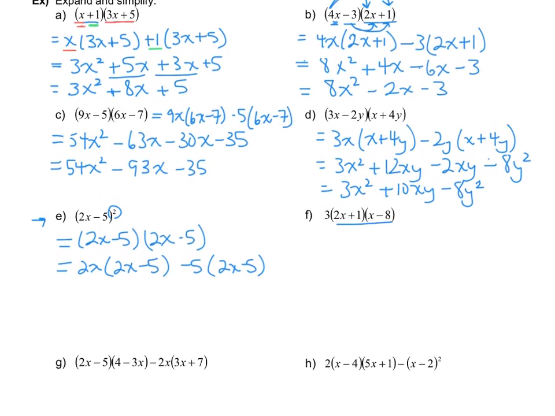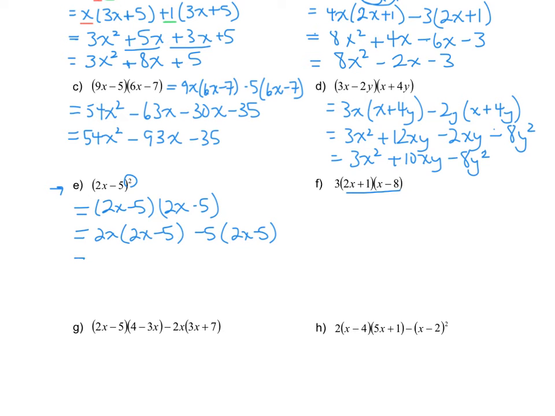Both players from team 1 have to multiply all the players on team 2. 4x squared minus 10x minus 10x plus 25 will result in a final answer of 4x squared minus 20x plus 25.